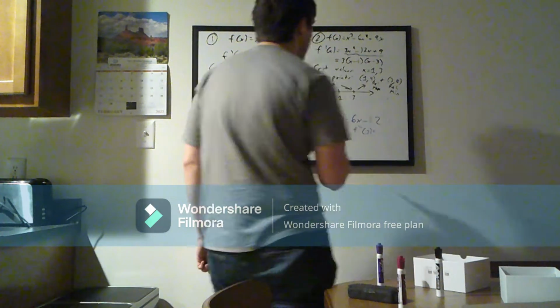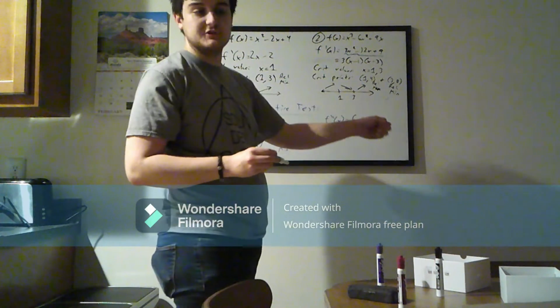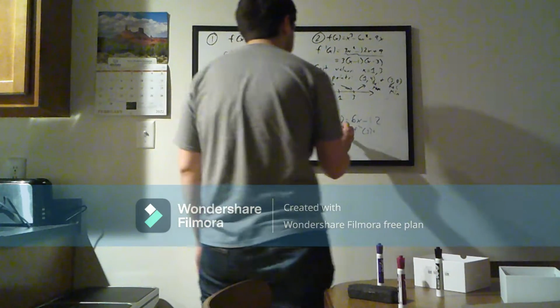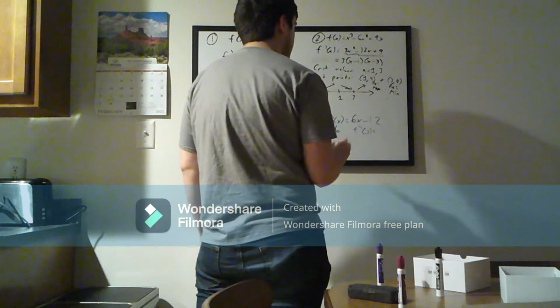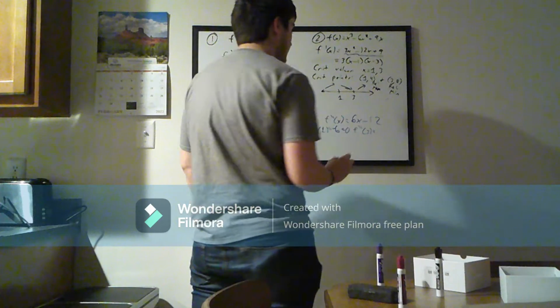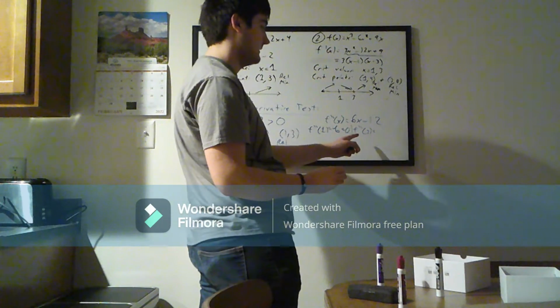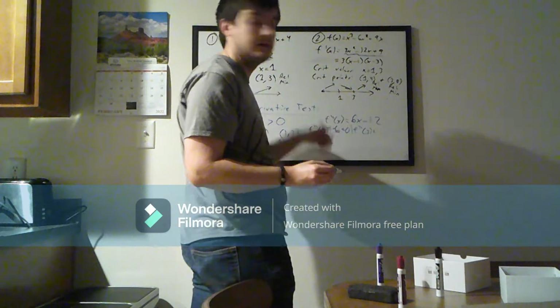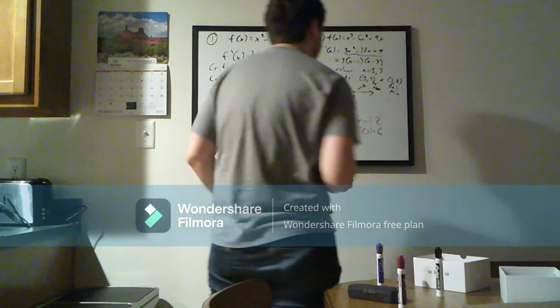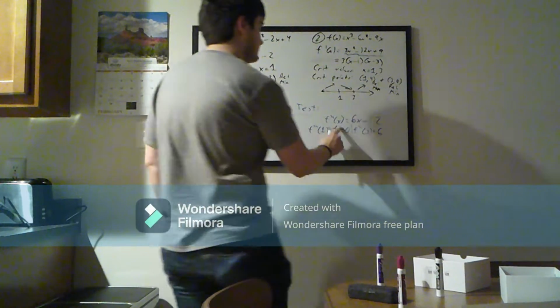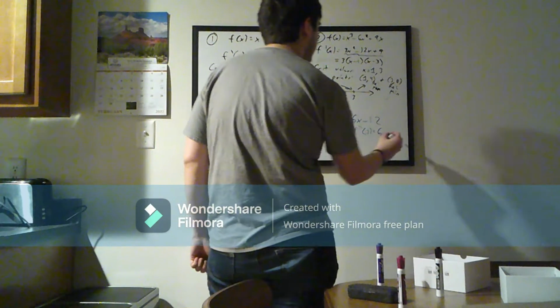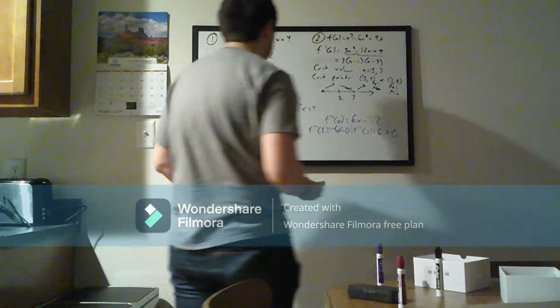When I plug in 1, I get 6 minus 12, which is negative 6, and that's less than 0. And when I plug in 3 into f double prime, I get 6 times 3, which is 18. 18 minus 12 is 6. So this one's less than 0, and this one's greater than 0.